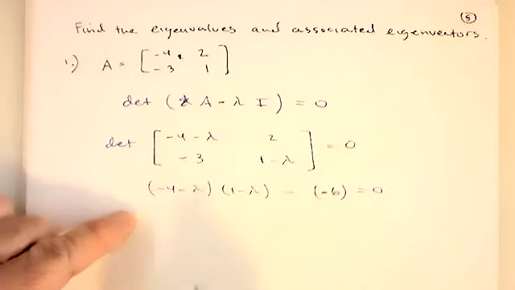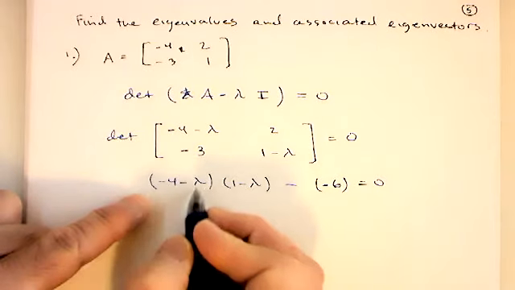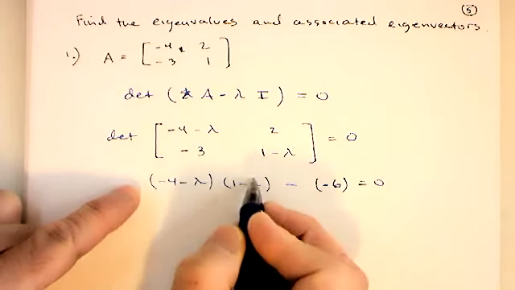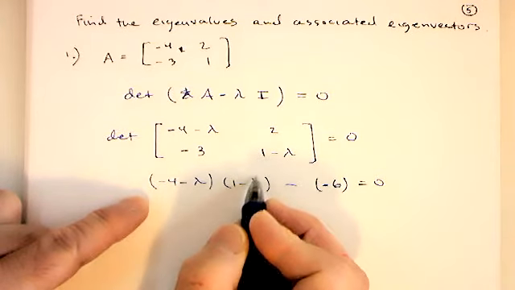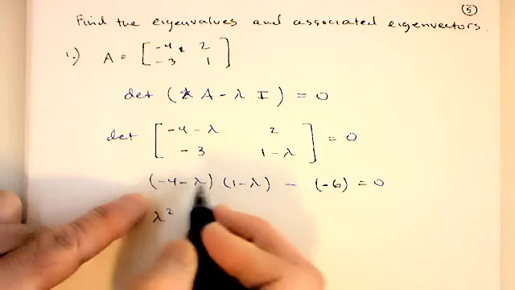Now, what I usually do here is, you're anticipating you're going to end up with a quadratic to factor. So knowing that I usually want my lambda squared to be the beginning, I FOIL this out kind of backwards. Negative lambda times negative lambda is going to give me my lambda squared.